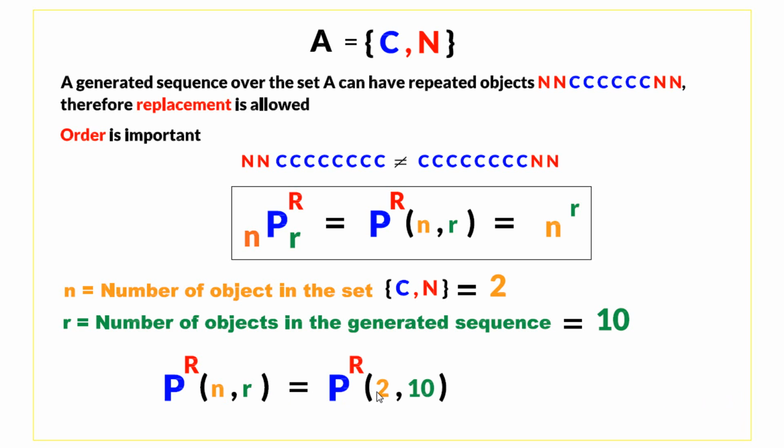Substituting n with 2 and r with 10, we get 2 to the power of 10, and that is 1024. So we have 1024 ways of answering this test, and that is the sample space.